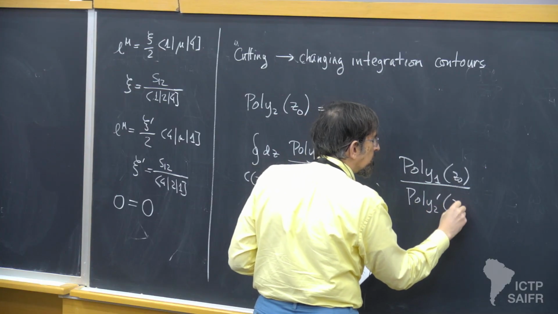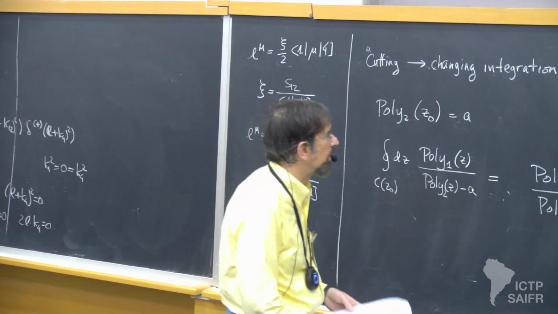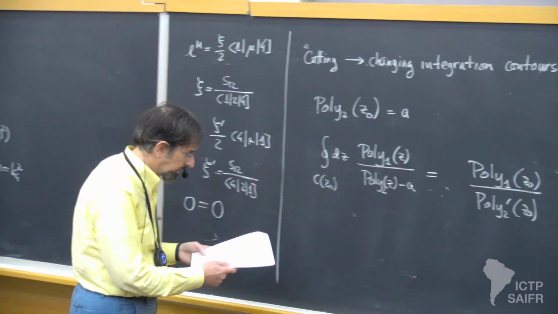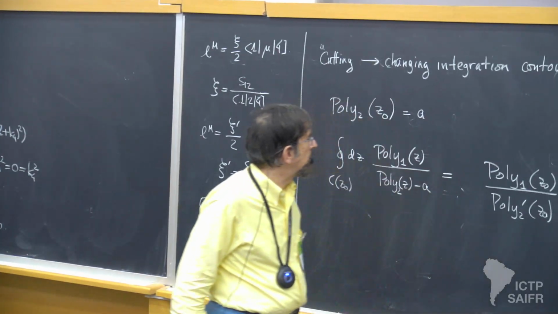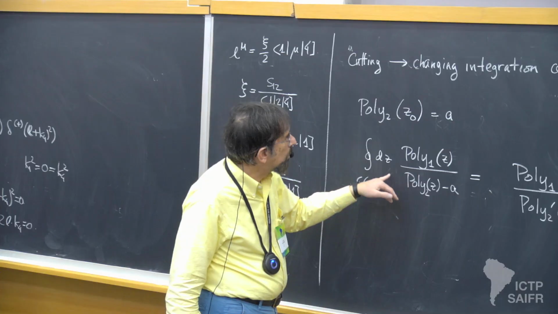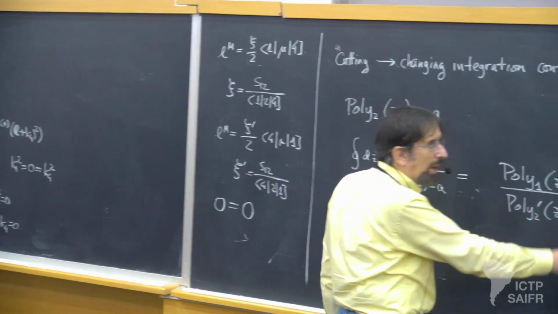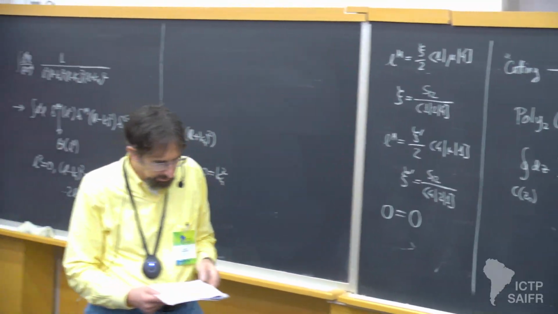You'll get the derivative of this denominator polynomial evaluated at z0, and you'll get the numerator polynomial evaluated at z0. This is the result of it. So this is very similar to what would happen if you had a delta function whose argument was poly 2 minus a. The big difference is that there's no absolute value here. It's just the polynomial itself.